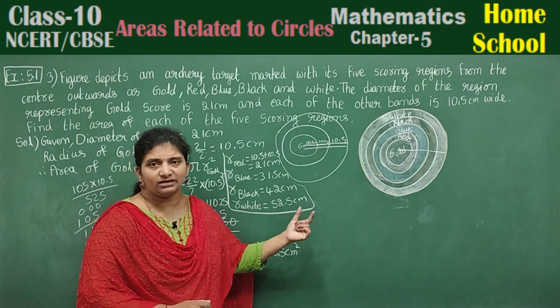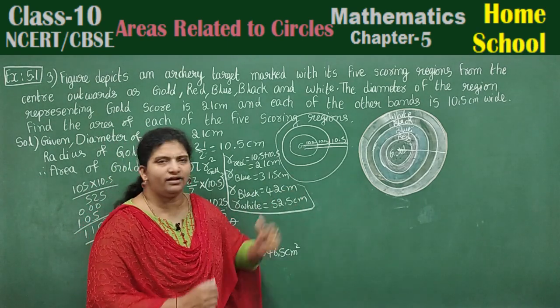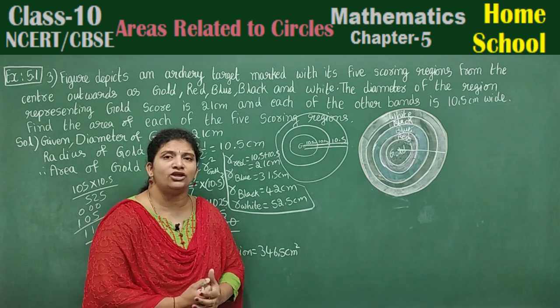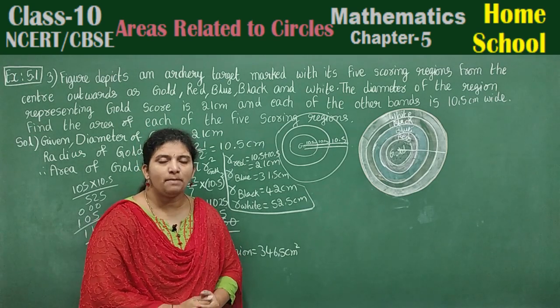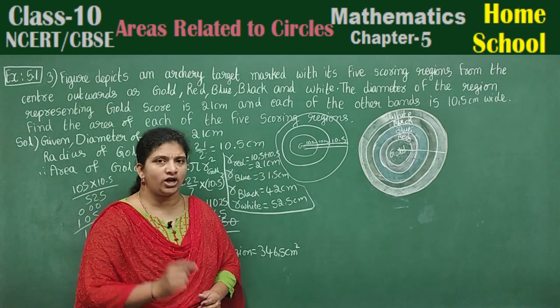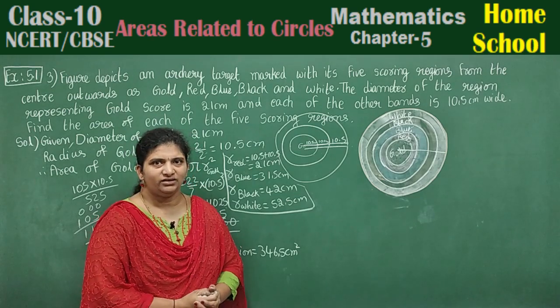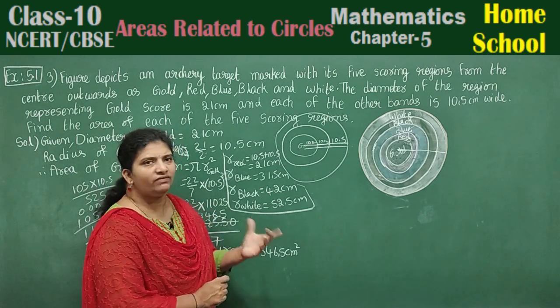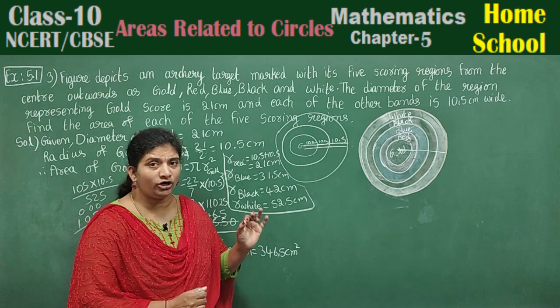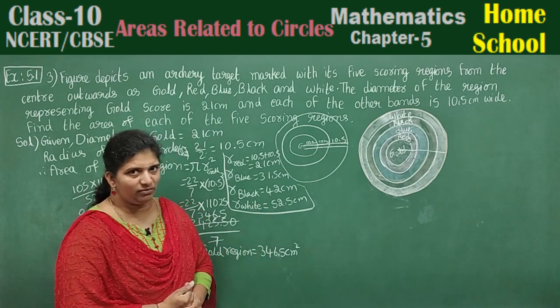Now next colors, we need to find the area of the rings. Okay, remember the formula, area of a ring, that is pi into capital R square minus small r square, close the bracket. Now we have not taken capital R, small r, we have taken with colors. According to that we are going to frame the formula now.